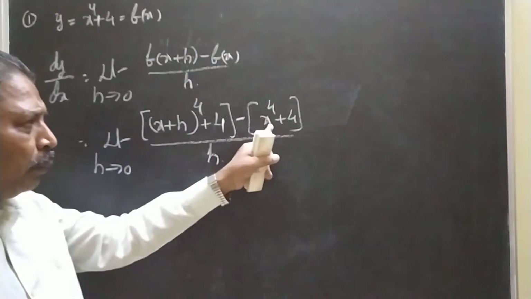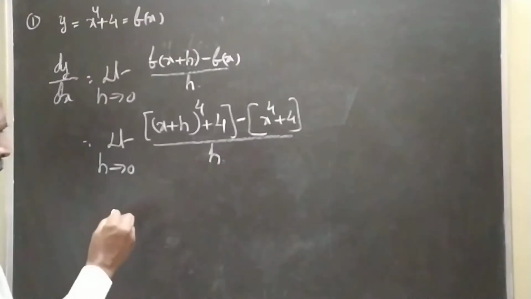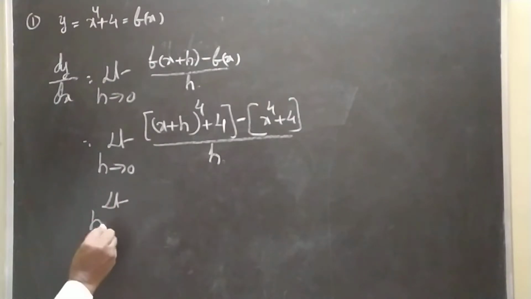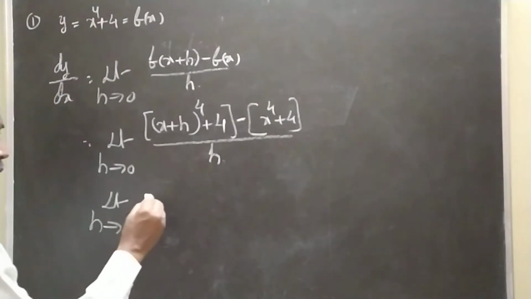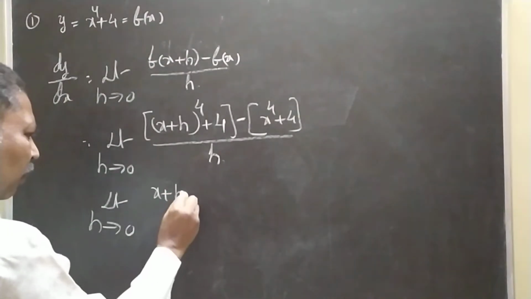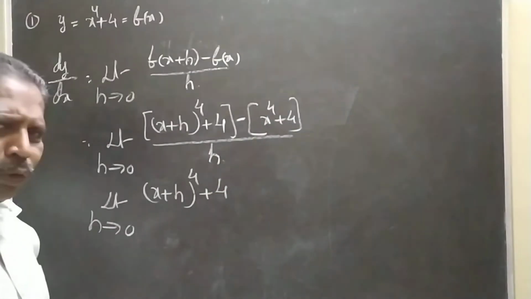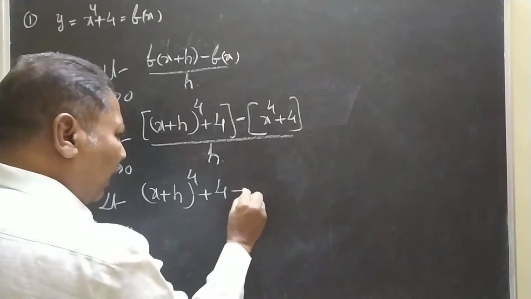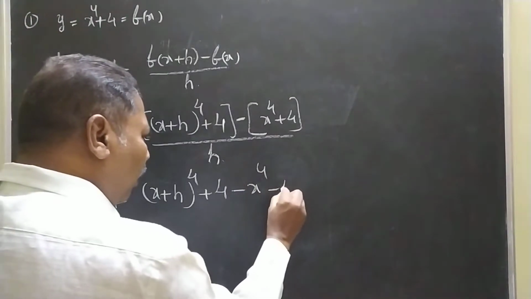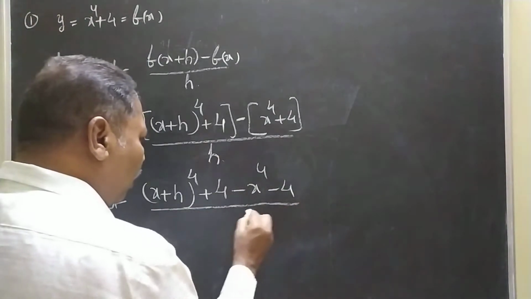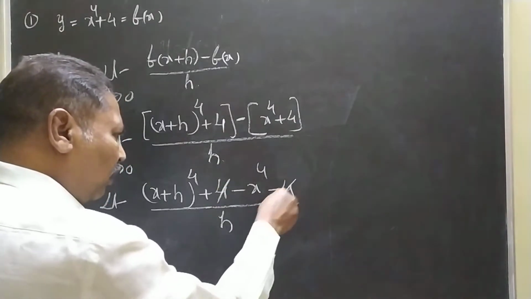So multiply with the minus. Limit h tends to 0 of (x plus h) whole power 4 plus 4 minus x power 4 minus 4 by h.